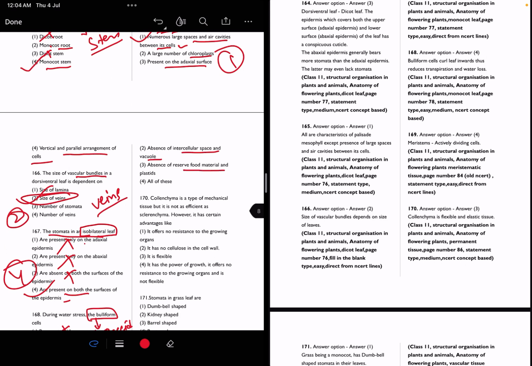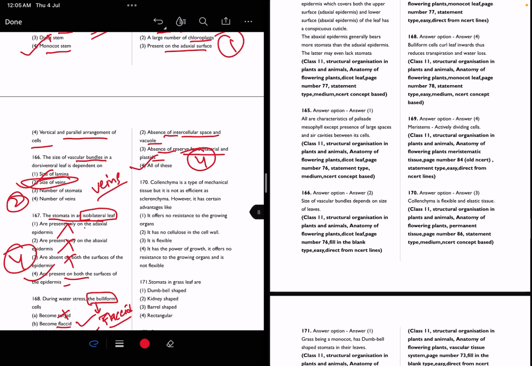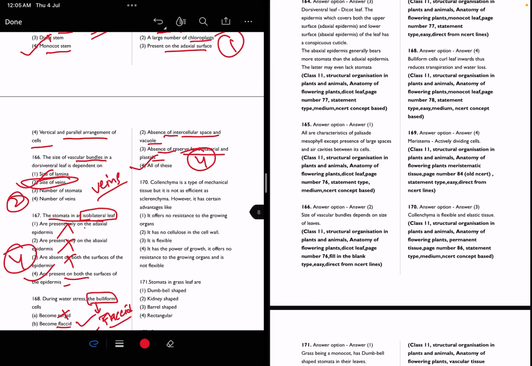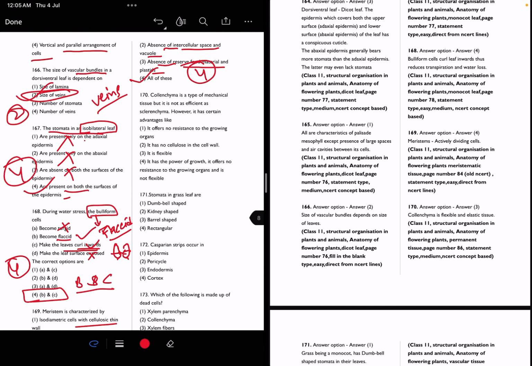Absence of reserve food material is the case in meristem; reserve food is present in permanent tissue, not dividing tissue. So all are true. This is an NCERT question, so read the NCERT, old NCERT page number 85.